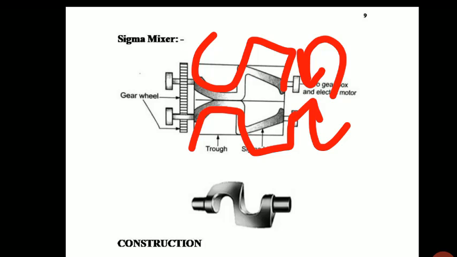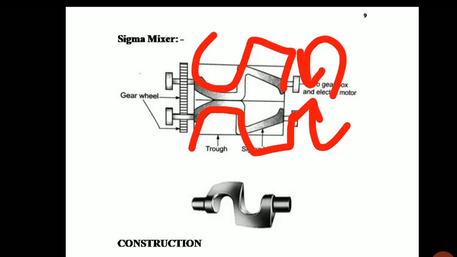Here no intensive mixing takes place, so no physical change occurs in the polymeric dispersion medium or in additives. So we put the material into the mixer and start the machine, and the materials get mixed with each other and we finally get the dough.